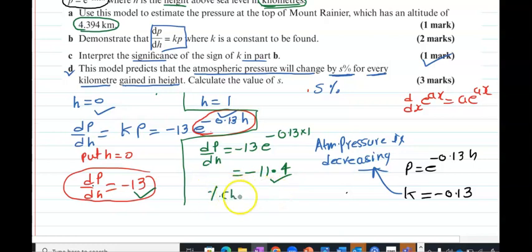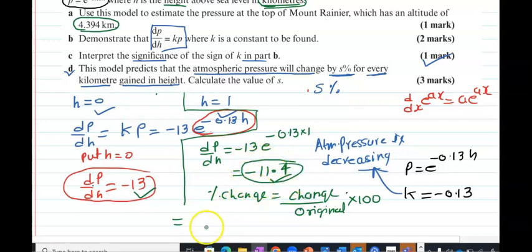And you need to find the percentage change. And percentage change is given by change divided by original value times 100. So how much is the change here? The change is from this value, minus 11.4, you take away the previous value, that is minus 13, the original value.